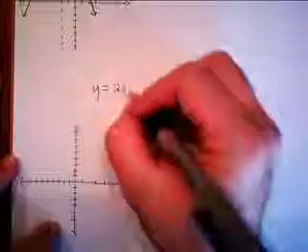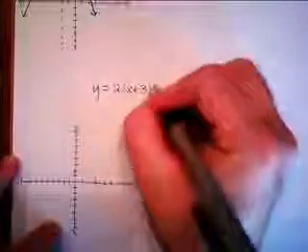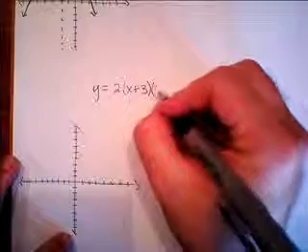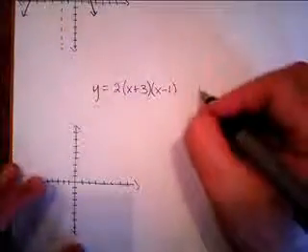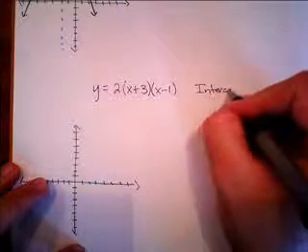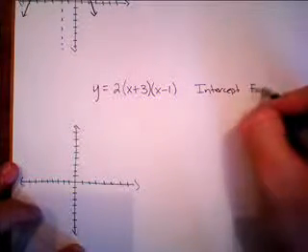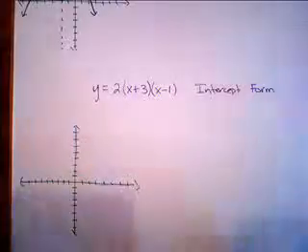The second type of example is intercept form, and again, this one's not too bad. So we'll look at the example y equals 2 (x plus 3) times (x minus 1). So this one is in intercept form, and if you follow the steps, it's the same every time.